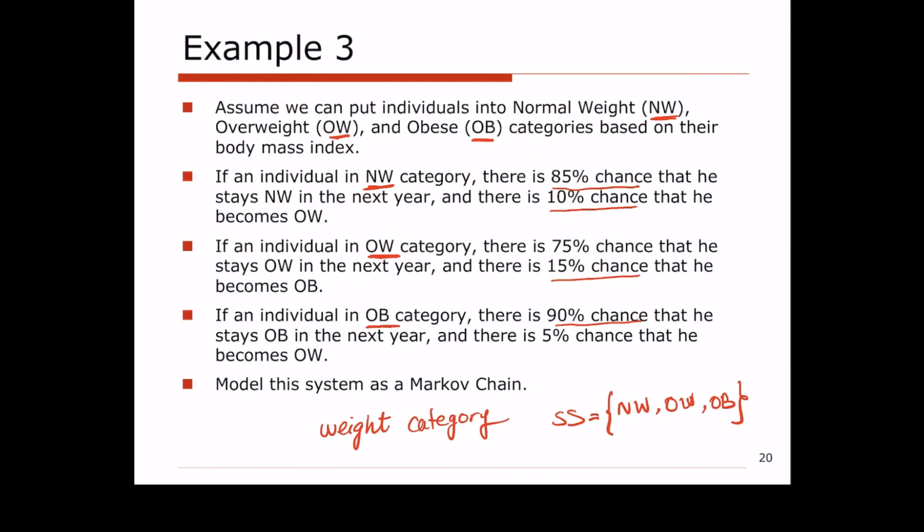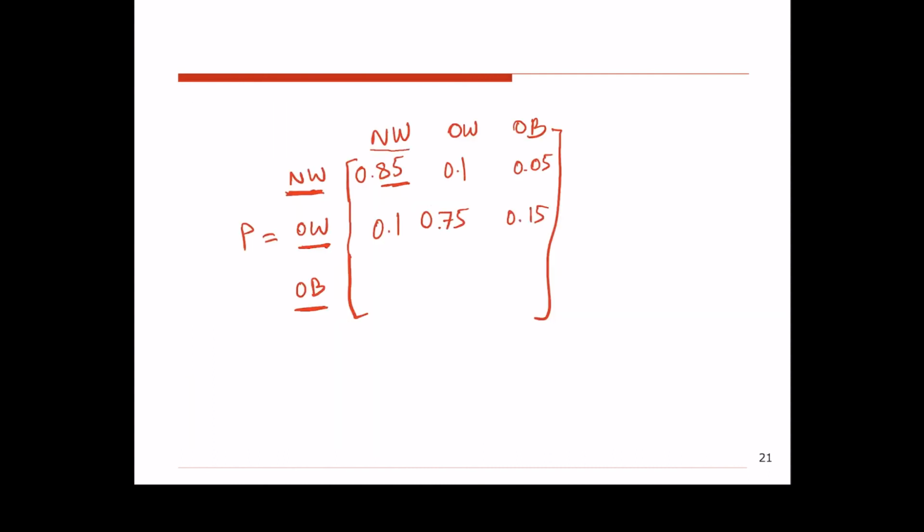What we have from the problem statement is that if a person is obese right now in this year, with 90% chance they stay obese in the next year, and with 5% chance they become overweight. So if a person is obese, with 90% chance they stay obese in the next year, with 5% chance they become overweight, and with 5% chance they become normal weight.